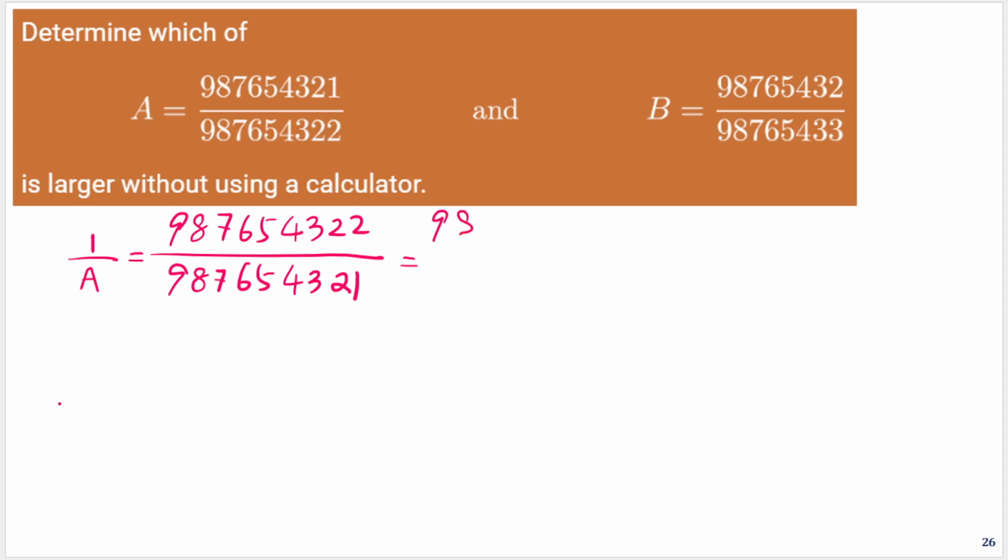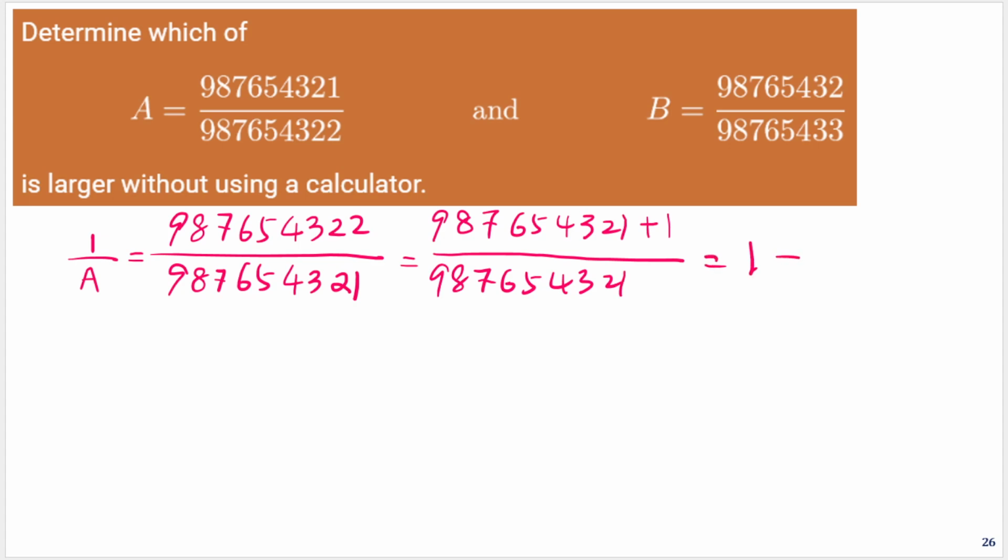Because we can simply separate the numerator as the denominator plus 1, right? So that gives us 1 plus 1 over this very large number here.